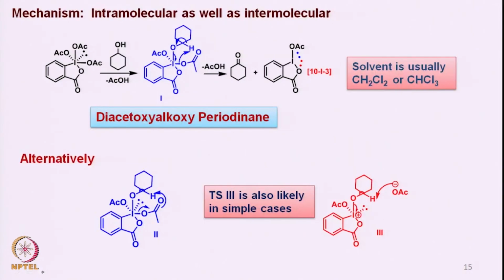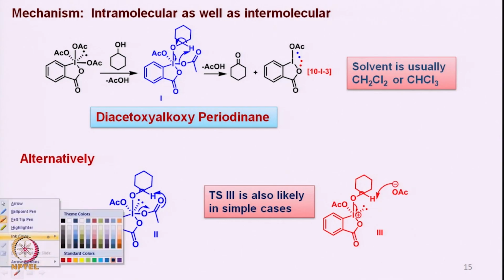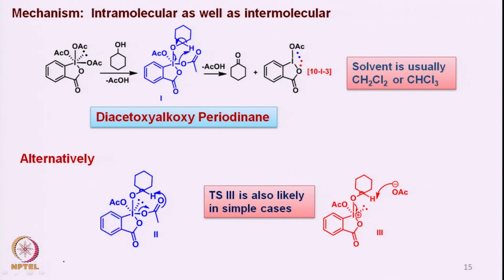Now, how does the reaction occur? Say you take this particular cyclohexanol, for example, for oxidation to the corresponding cyclohexanone. It is a simple example just to illustrate how the reaction occurs. So, this alcohol lone pair of electrons attacks, one of the acetate groups will go, and of course you will have the preparation of intermediate one.